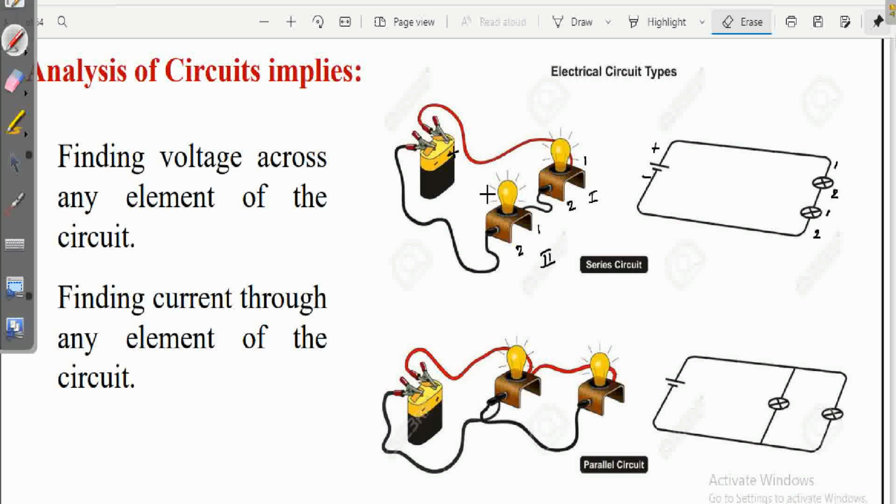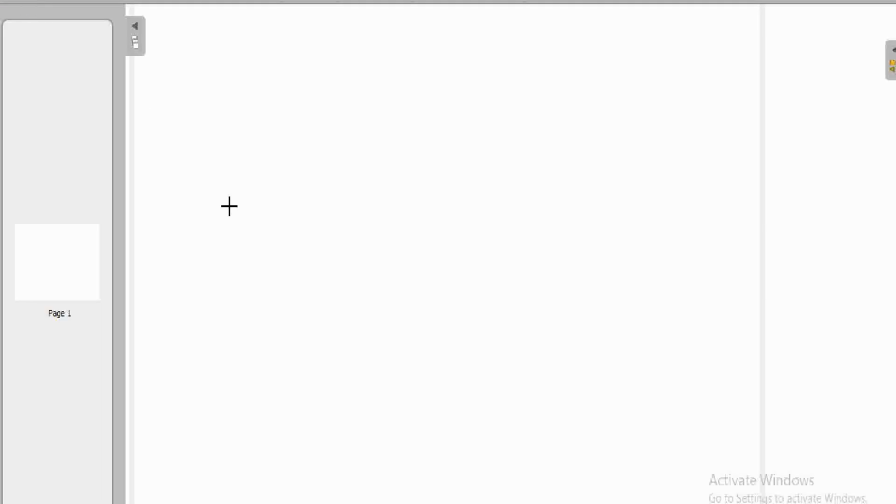Let us consider an example for series and parallel. In a series connection, if I connect elements in series, how do they look?